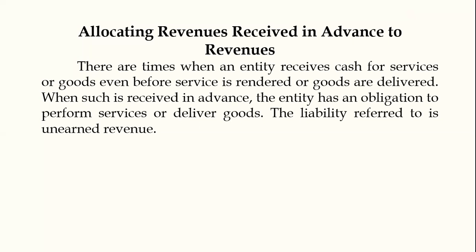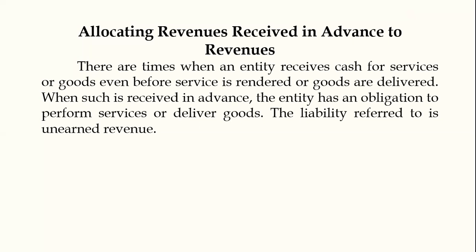The liability referred to is unearned revenue. So this time, kasi di ba, pag mga advance payment ni customer, that is a liability na ine-record natin sa kanila. Nung nagkakaroon tayo ng entry na cash and then credit to unearned revenue.